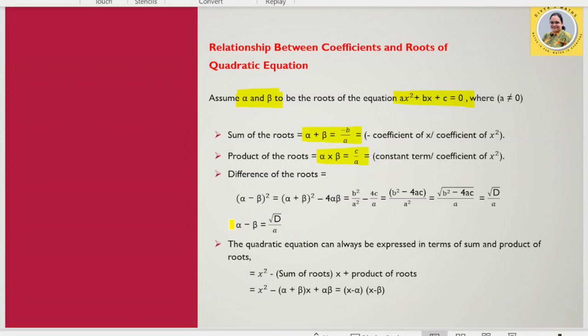The difference of the roots alpha minus beta will be root discriminant by a. Okay, and the quadratic equation can always be expressed in terms of the sum and product of the roots, which is x square minus alpha plus beta into x plus alpha beta. Okay, and these are the factors.